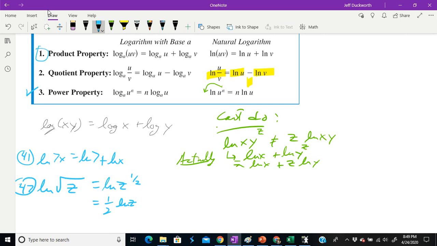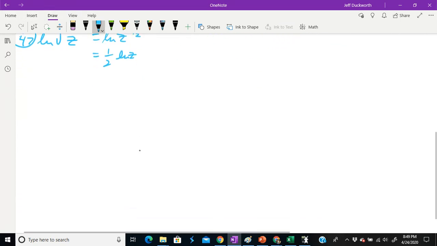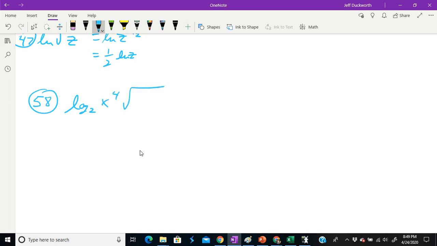All right, let's do one more. Let's do 58. So we're given log base 2 of x to the 4th, and then root y over z to the 3rd.